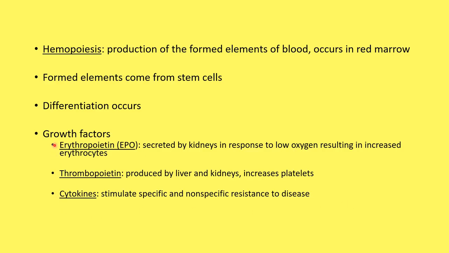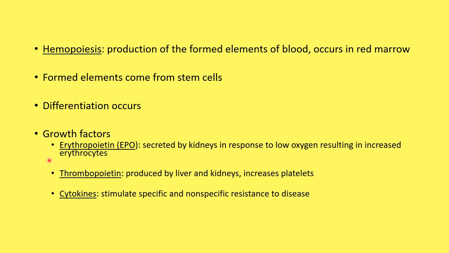There are going to be different growth factors involved. Erythropoietin, or EPO, is secreted by the kidneys. It is secreted in response to low oxygen, and the result is that you're going to see an increased production of erythrocytes. And why is that? Because oxygen binds to the red blood cells.